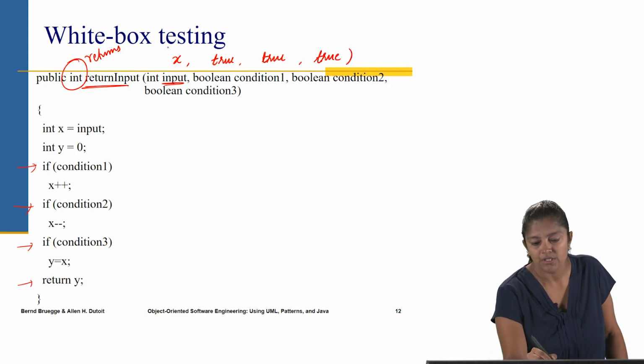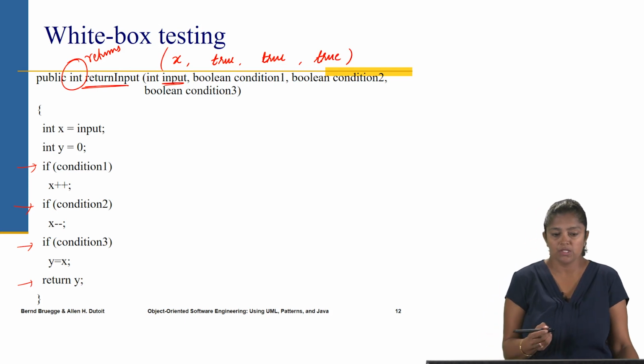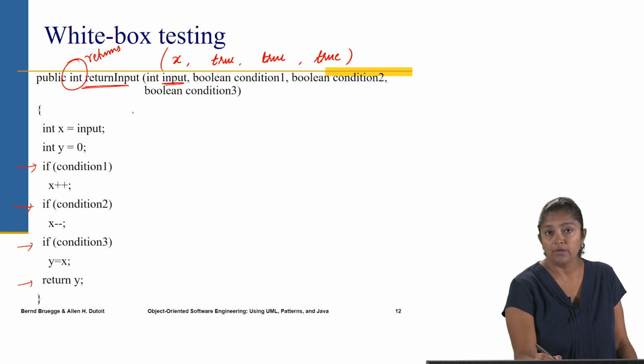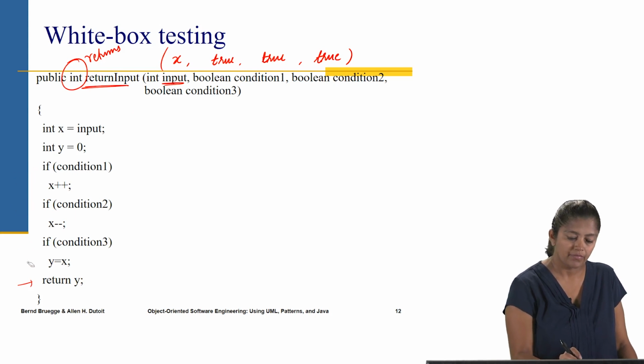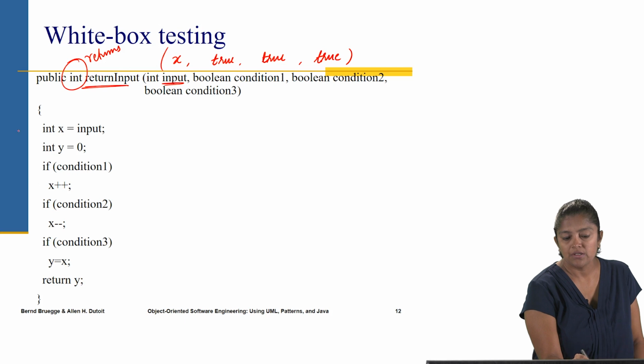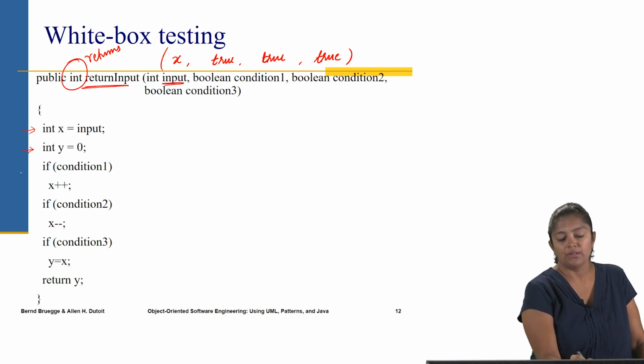These are the input values that we are passing. On executing this method, the first statement will get executed, wherein whatever is passed in x gets assigned to our variable x, y gets initialized to 0, and I'm marking on the left-hand side all the statements that are getting covered as a result of this test case.